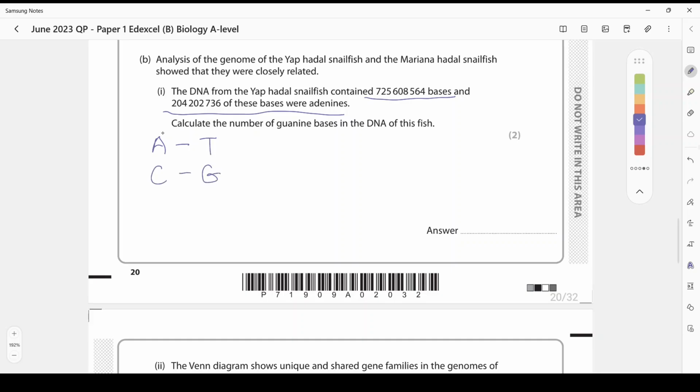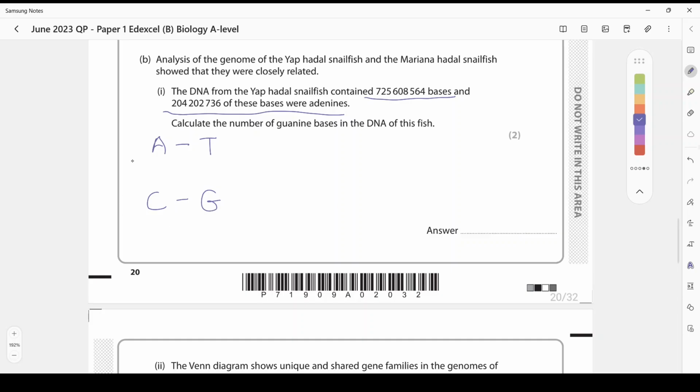So if you have, let's say, 100 of your adenine, you would have 100 of your thymine, right? So let me just write this out here, C and G. One way to remember this is that the letter A and the letter T are both pointy, so they pair up with each other. And the letter C and the letter G are curvy, so they pair up with each other.